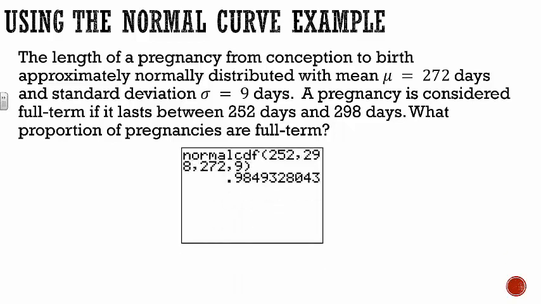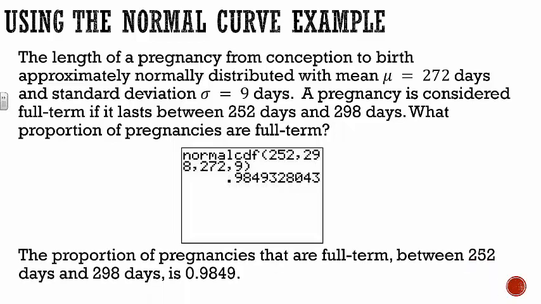I can use normal CDF, lower bound of 252, upper bound of 298, mean of 272, and standard deviation of 9. Plug that in, we get about 98.5%. Just to conclude in a nice sentence, I would say the proportion of pregnancies that are full term, which is between 252 days and 298 days, is 0.9849 or 98.5%.